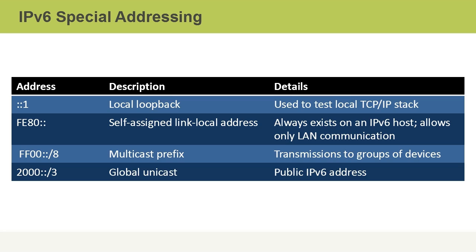This is used when troubleshooting our local IP stack. Addresses beginning with FE80 are self-assigned link local addresses in IPv6, and this will always exist on an IPv6 host. It allows LAN communication only, but it lets it discover nodes on that network.